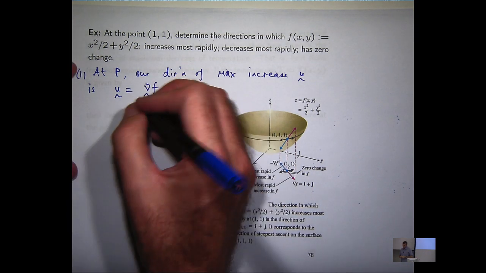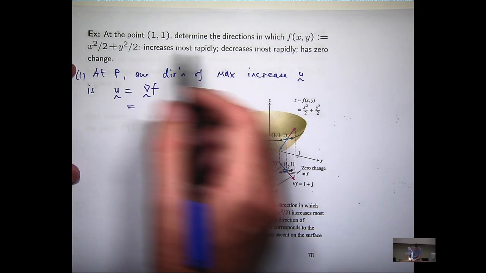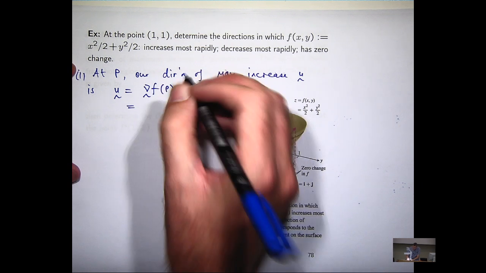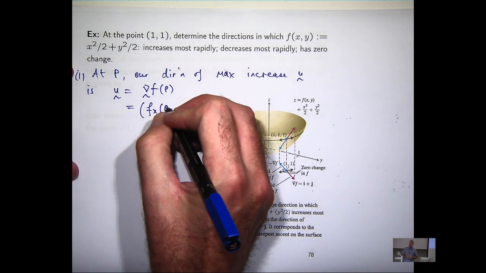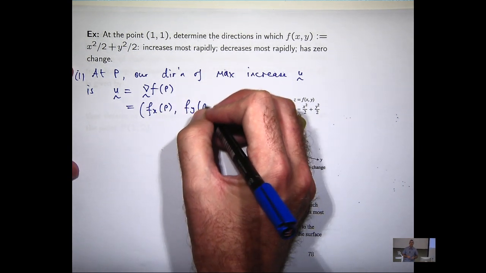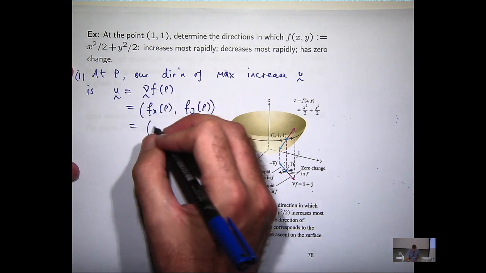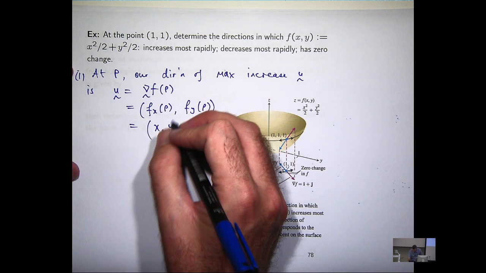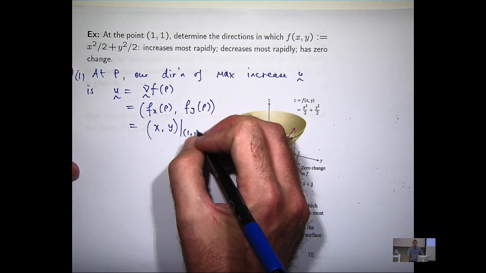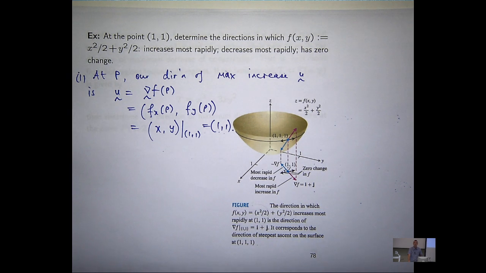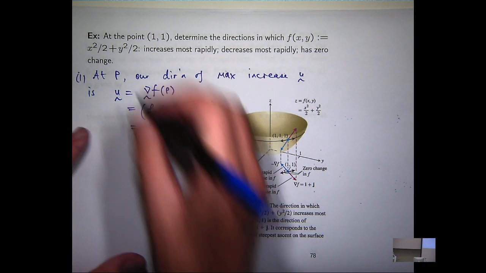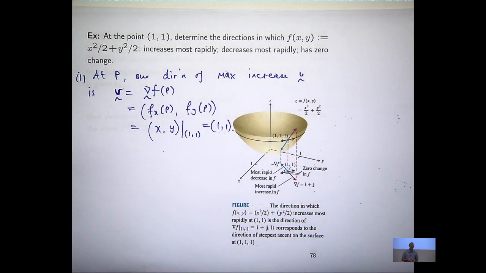So let's look at this gradient. Let's calculate the partial derivatives. So we're going to get x comma y at 1, 1, which is just 1, 1. It doesn't have to be a unit vector. In fact, maybe I'll change that to a v just to not confuse you.